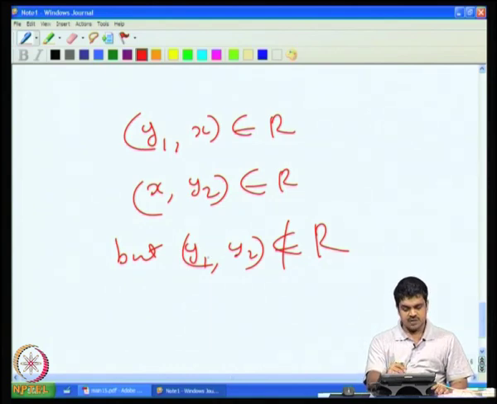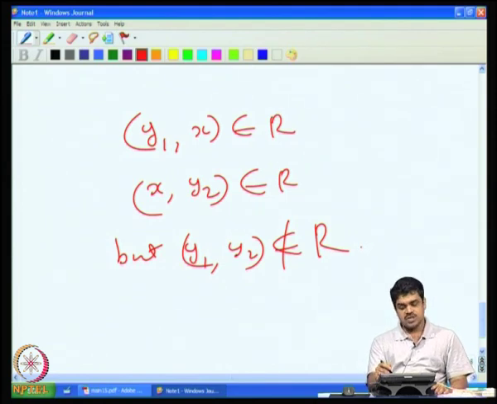If it was transitive, y1 y2 would have been in the relation. If for every possible y1, x, y2, y1 y2 was also an element of R, then we would have told that it is a transitive relation, along with reflexivity and symmetry. So, we would have told that it is an equivalence relation.